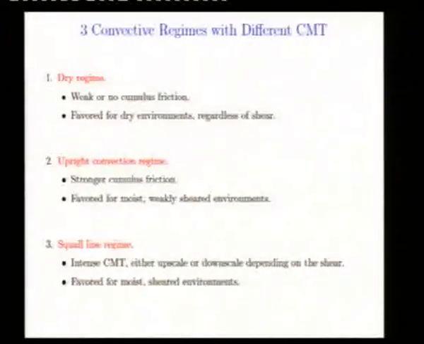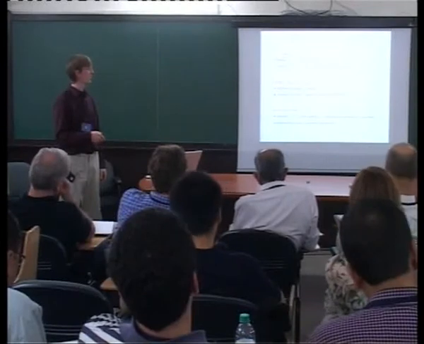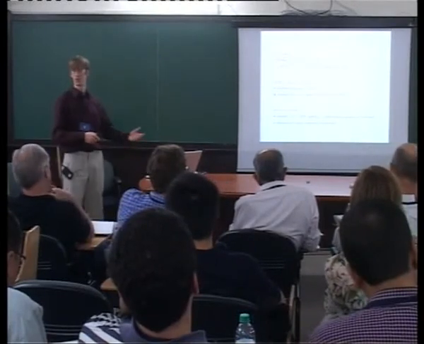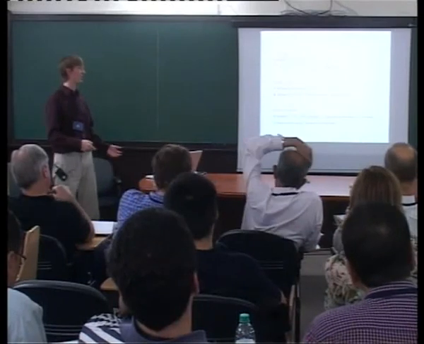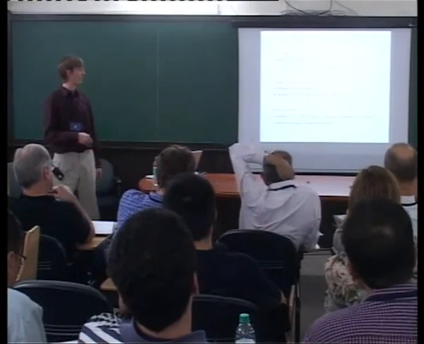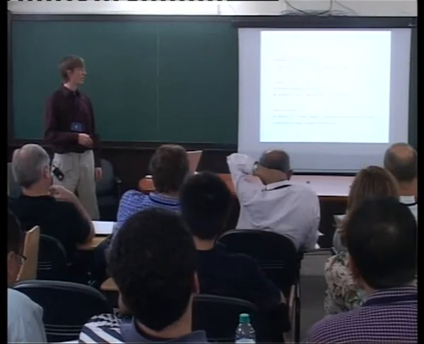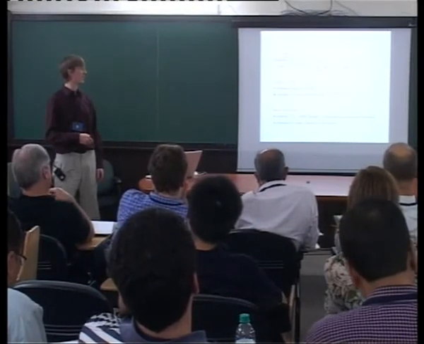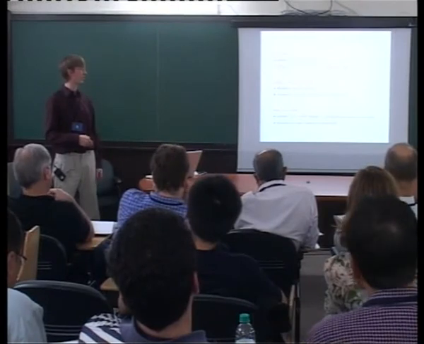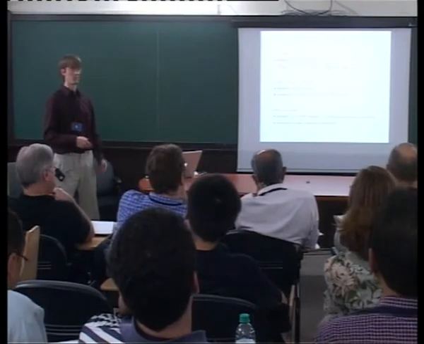There should be a regime with upright convection or with a case that's not organized like a squall line, and you would expect damping in these cases. And these would be cases where there's not much shear in the lower troposphere. And then we're going to have a third regime, which is basically a squall line regime. So this would happen when there's a moist atmosphere and low-level shear, so the squall line could form. And you would expect intense momentum transport, which could be upscale or downscale.